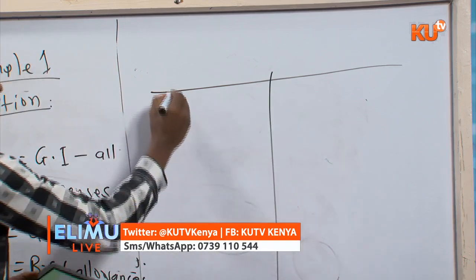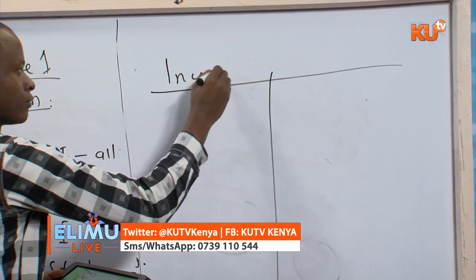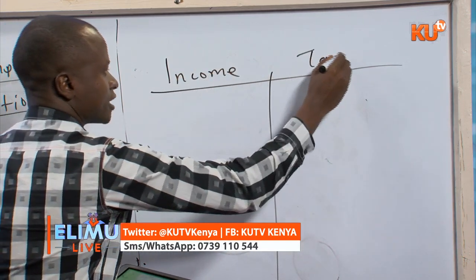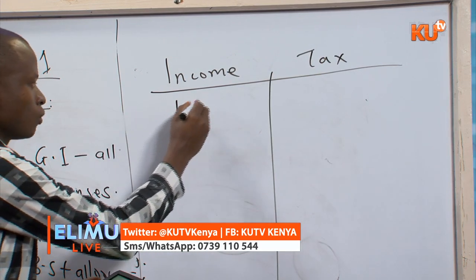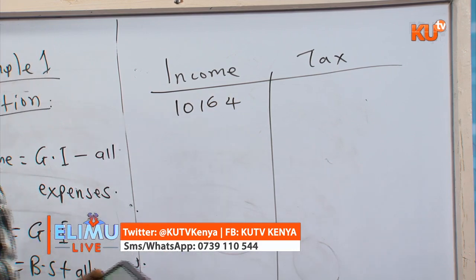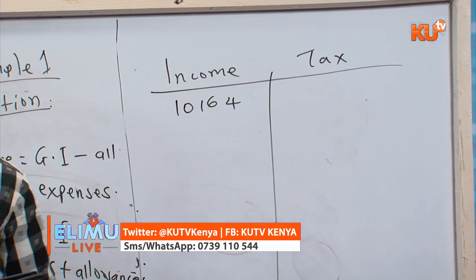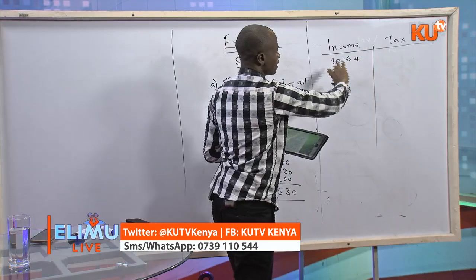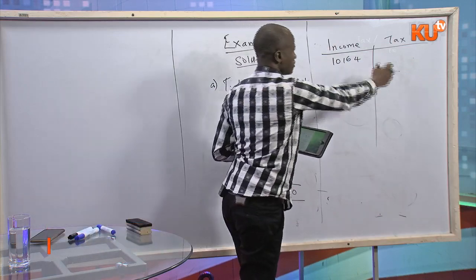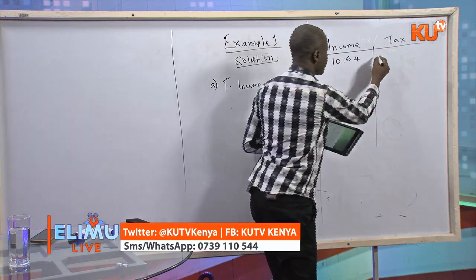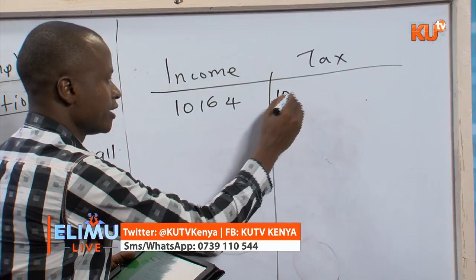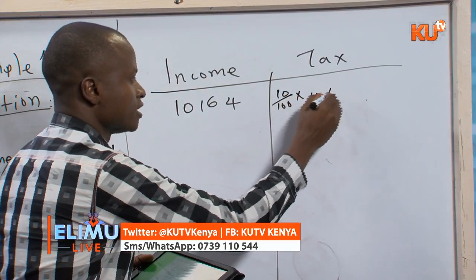This side you write income, then this side you write tax. So the first income is 10,164. We always take the maximum. If it is a slab, you take the first slab, you take the maximum value. Then the tax rate is 10%.